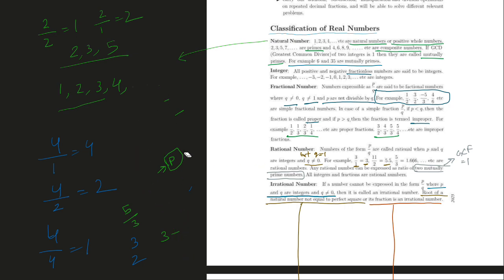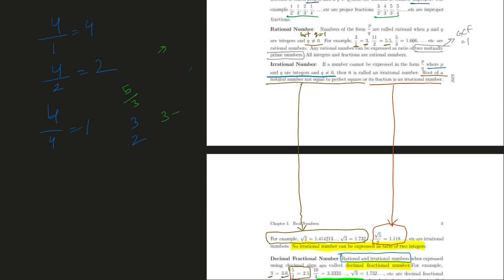Okay, so what are rational numbers? Rational numbers are numbers that you can represent by p by q, where q won't be equal to 0, but q can be equal to 1.